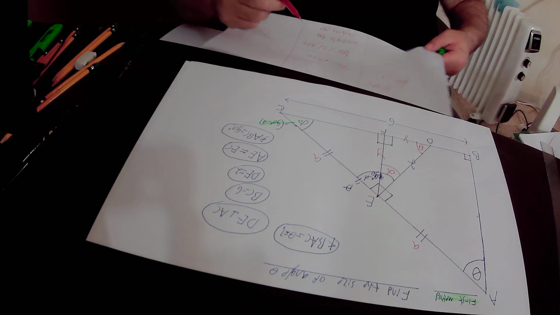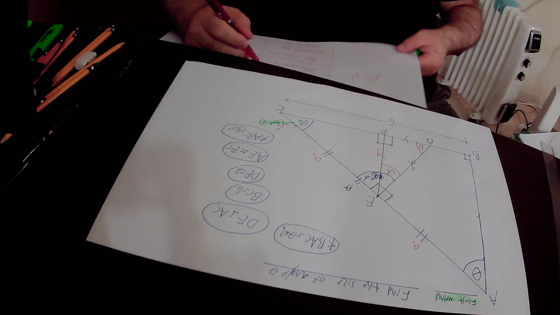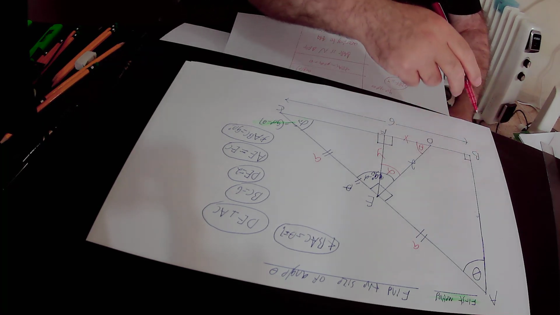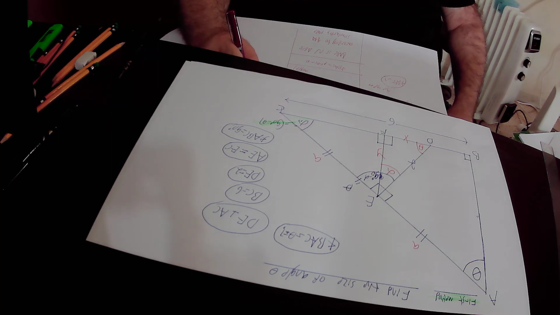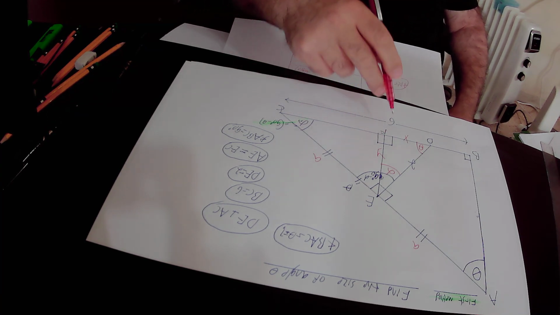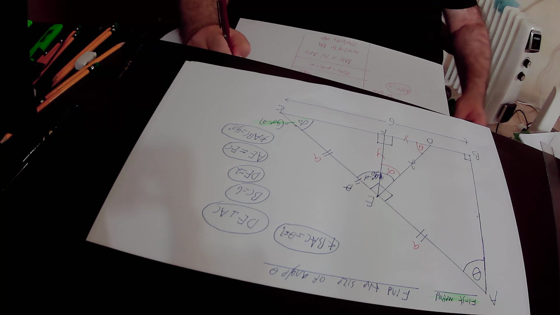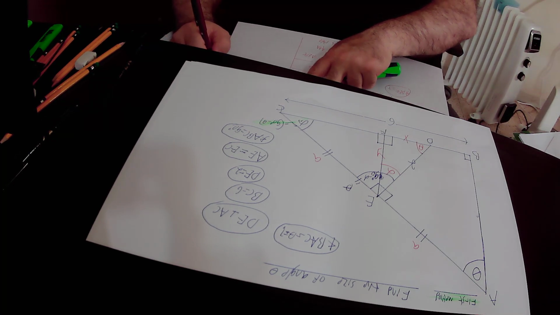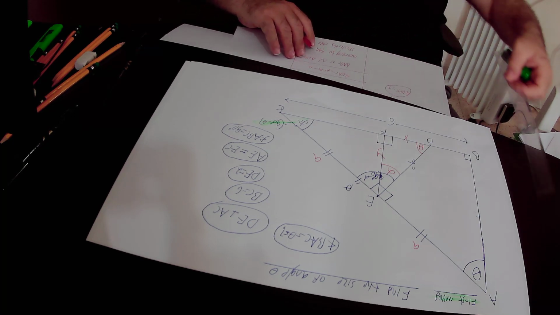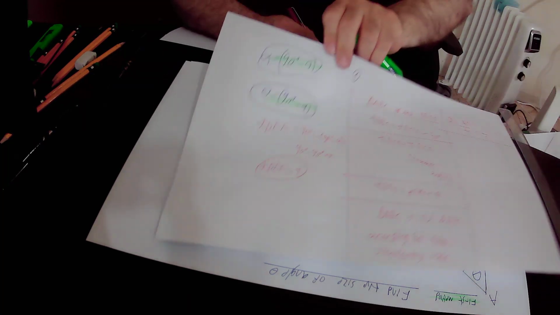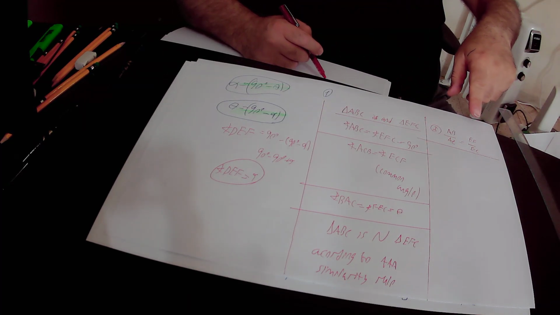And from the fact that those two triangles are similar to each other, we will conclude that AB over AC in triangle ABC is equal to EF over EC in triangle EFC. I repeat again, from the fact that triangle ABC is similar to triangle EFC, we conclude that AB over AC equals EF over EC.